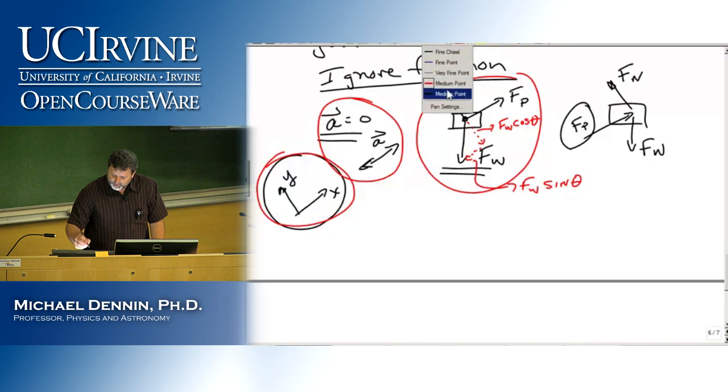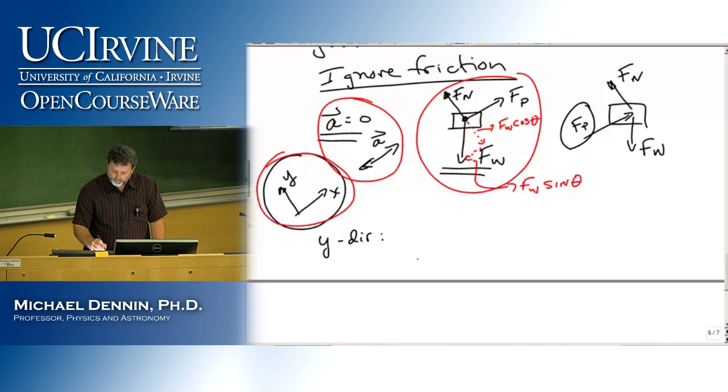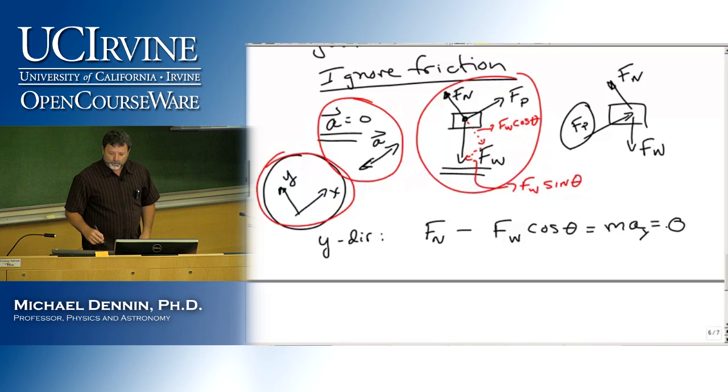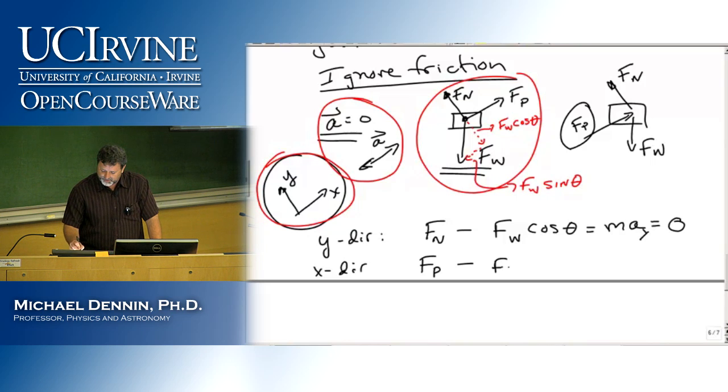And in our y direction, y is positive up, so the normal is positive. The Fw cosine theta is negative. It equals m a_y, but a_y is 0. In the x direction, our pushing is positive. We have Fp minus Fw sine theta equals m a_x.